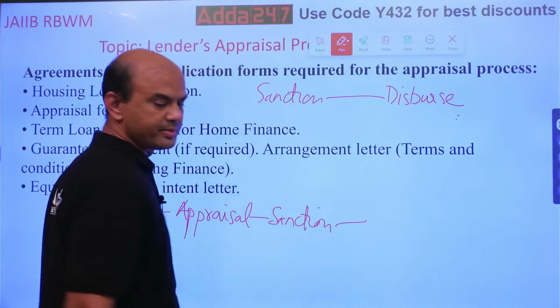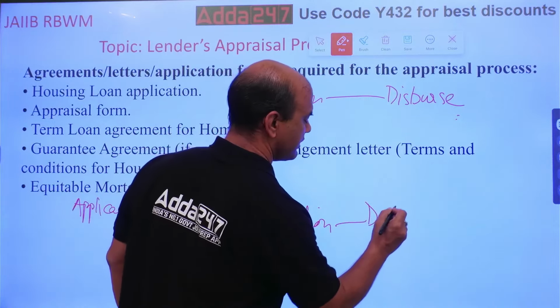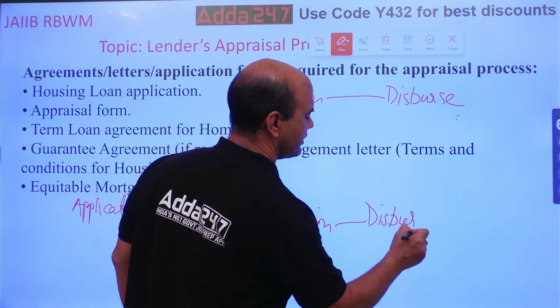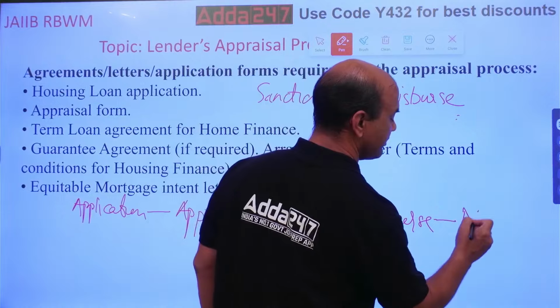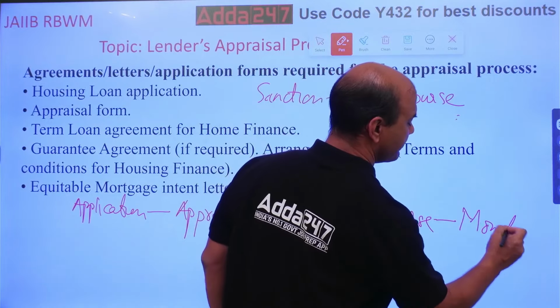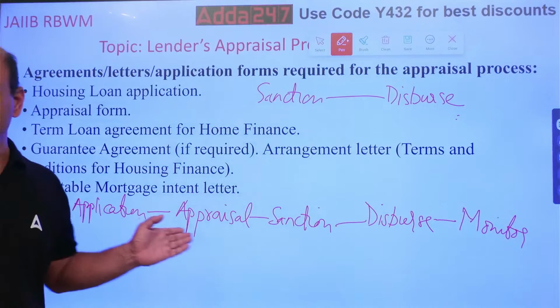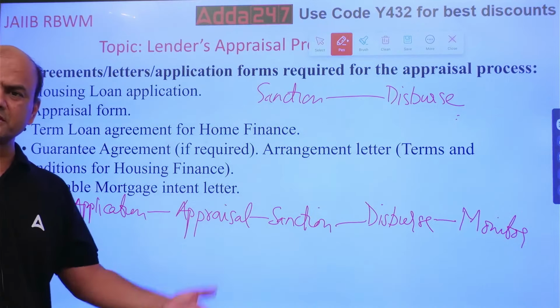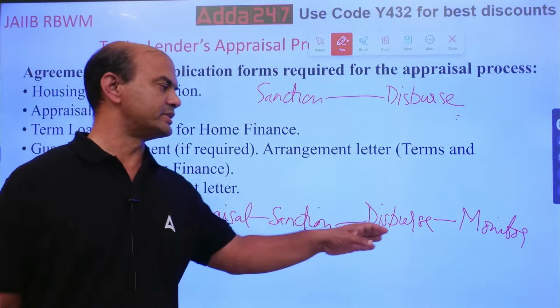Fourth is your disbursement. And the last one is monitoring. Monitoring is also equally important. These are the steps in the home loan process: application, appraisal, sanction, disburse and monitor.